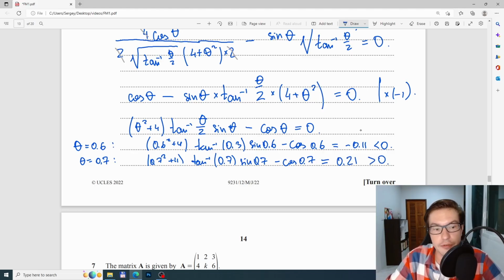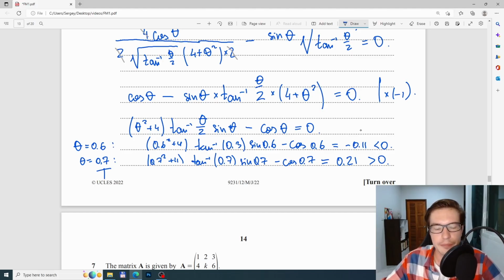So if theta is 0.6, the left side of the equation is less than 0. If theta is 0.7, the left side of the equation is bigger than 0. That means that somewhere in between 0.6 and 0.7, the left side must be exactly equal to 0. We'll have to write this conclusion, although we don't really have enough space.